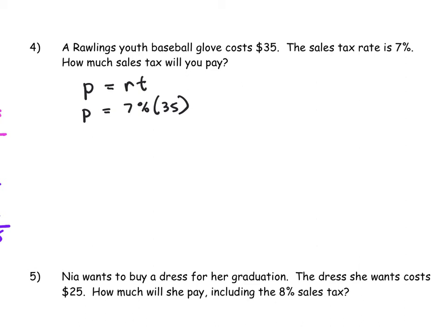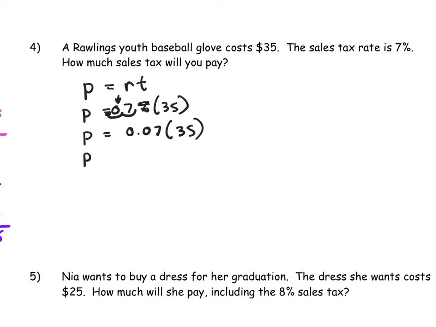What is 7% written as a decimal? 7% written as a decimal is 0.07. We have to scoot the decimal back twice or divide by 100, and we have this empty loop here which must be filled in with a 0. So please find the sales tax.